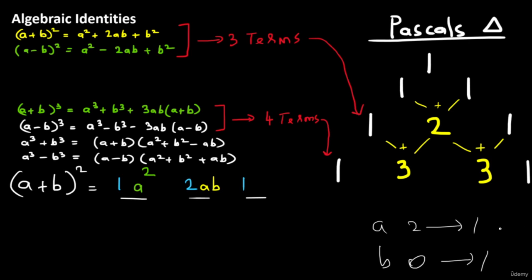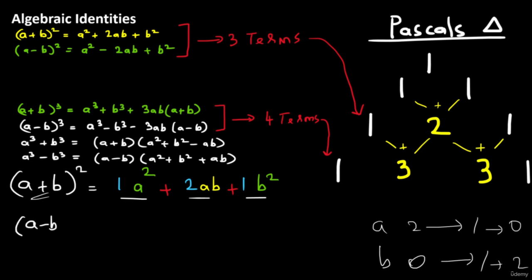Now over here again a's power goes from 1 to 0 and b's power goes from 1 to 2. So I have a to the power 0, and I don't need to write that because a to the power 0 is 1, and b to the power 2. So I have b square over here. Alright, now because I have a plus over here, I just need to fill all the places with plus, and this is the expansion of (a plus b)^2.